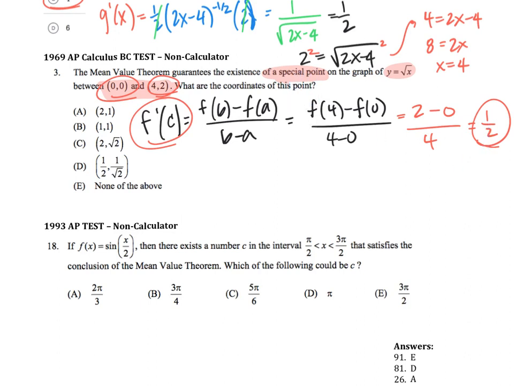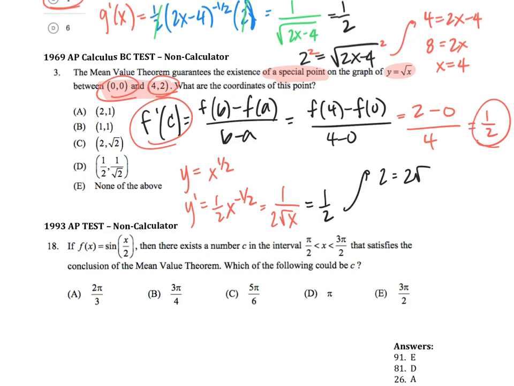So what we're going to do is find the derivative of y. Again, y is x to the 1/2. Therefore, y prime is 1/2 x to the -1/2, which is the same as 1 over 2 root x. And again, when is this derivative equal to 1/2, for what x value? I'm going to cross multiply, and I'd get 2 equals 2 root x.